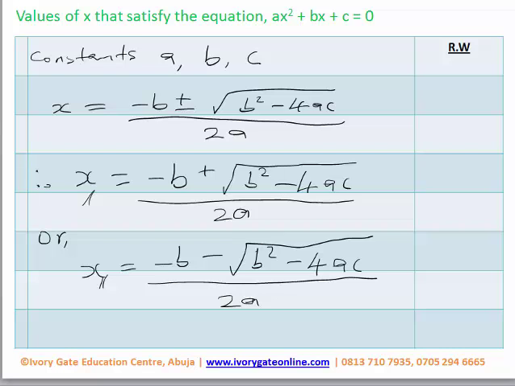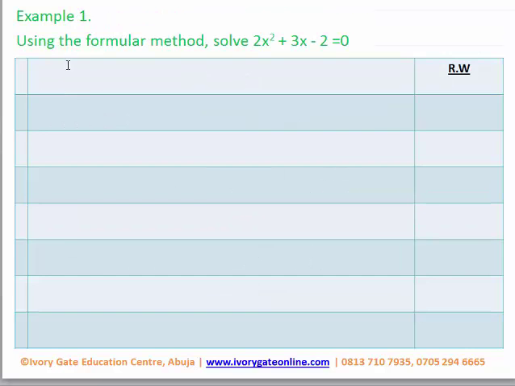Okay, so let's now go over to a solution of a few examples. Okay, so given 2x squared plus 3x minus 2 equal to 0, and we are asked to solve this using formula method.